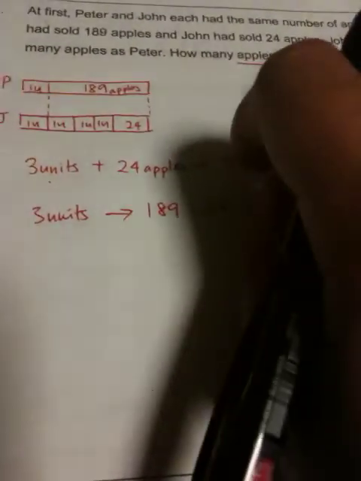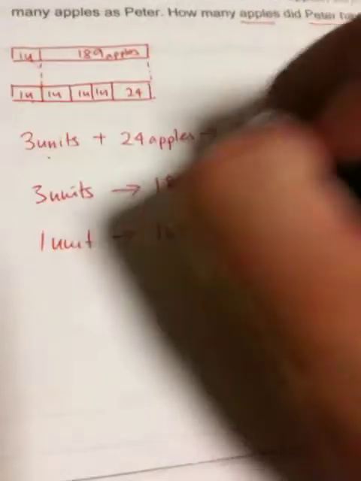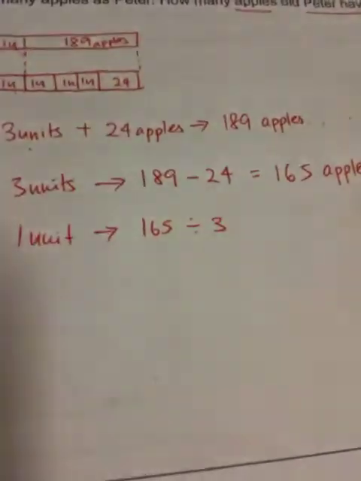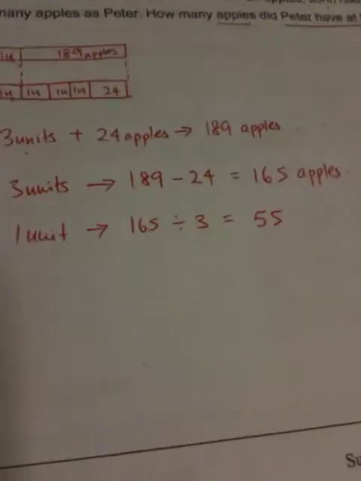Now if 3 units stands for 165 apples, we want to find the number of apples Peter had at first. We need to know 1 unit. So 1 unit will be 165 divided by 3, which will give us 55 apples per unit.